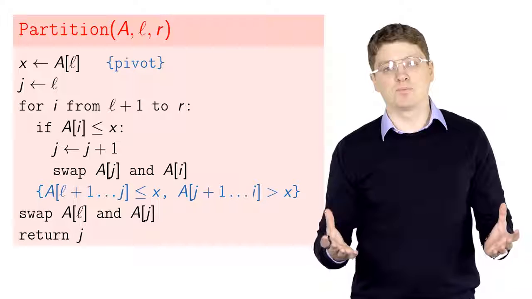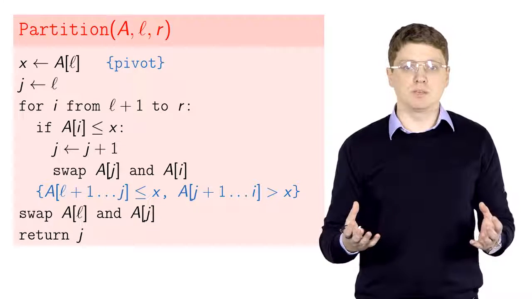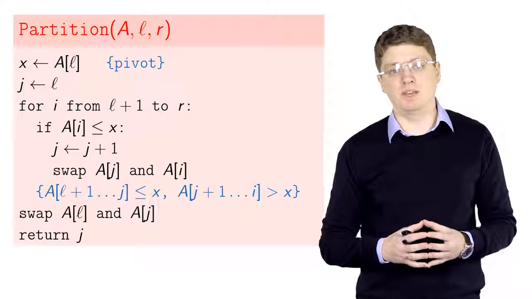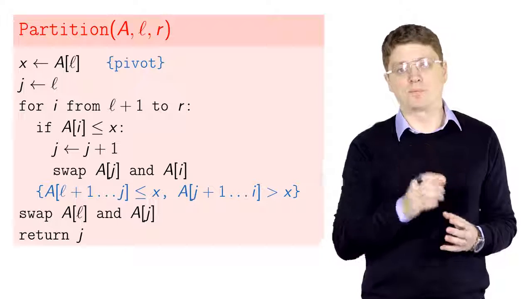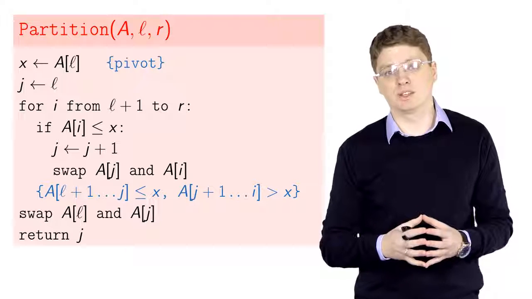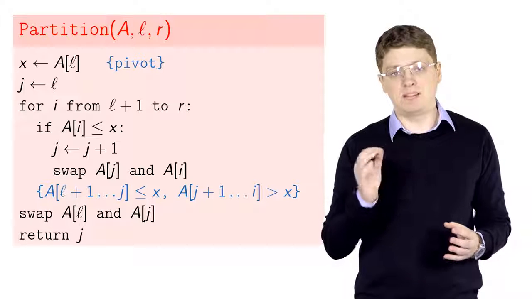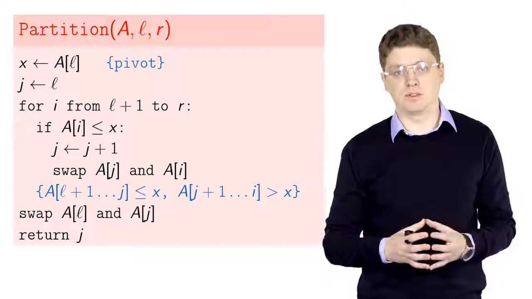We are now ready to present the pseudocode of the partition procedure. Recall that what we're going to do is to place some element x, which is called the pivot, into its final place, so that all the elements before x are at most x, and all the elements after x are greater than x. So as the pivot element in this procedure, we are going to use just the first element of the corresponding subarray.